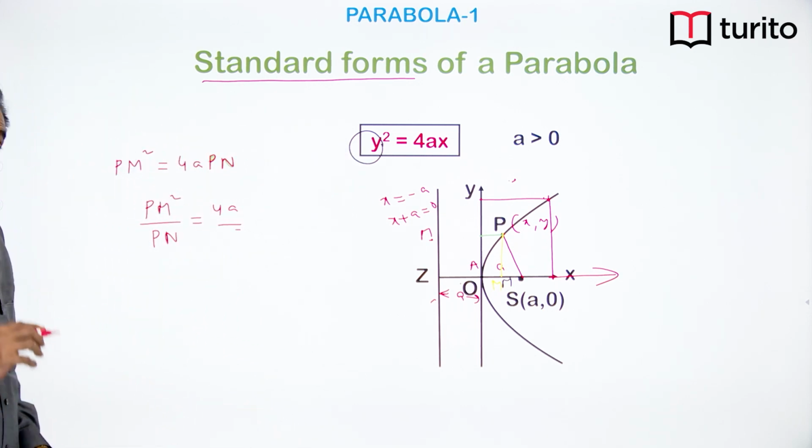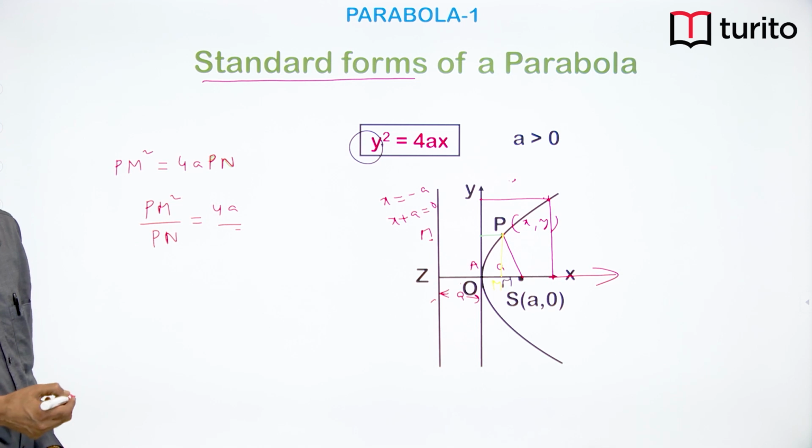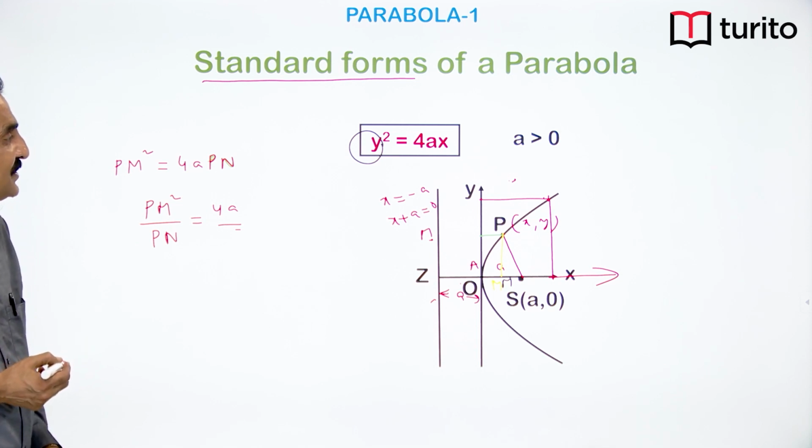Now, another standard form. First, let us list out all the characteristics of this parabola y square is equal to 4ax.